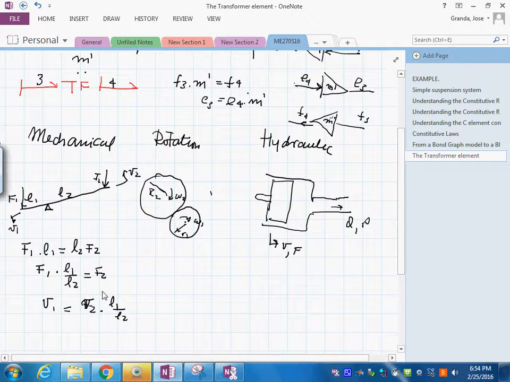Consequently, if you equate them, you could say that omega 1 times r1 over r sub 2 is equal to omega 2. That equation is like this, see?